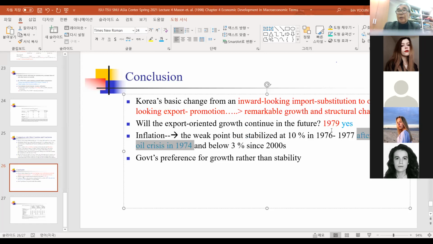So inflation was almost inevitable, but they tried to stabilize it at 10%.